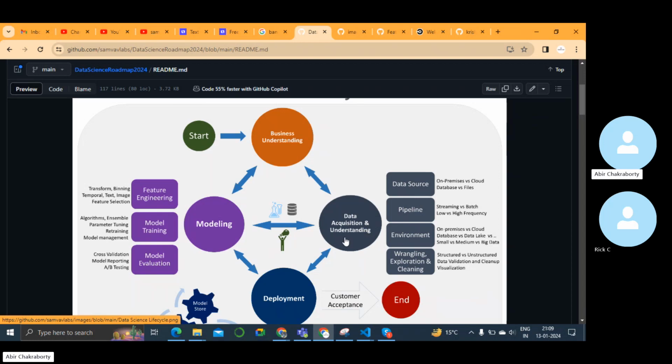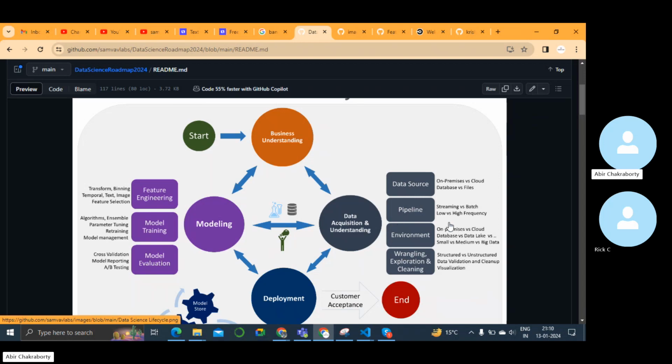Once we receive the initial data set or data source, we start our analysis or pre-processing. First we do data pre-processing, and then we go to further processes like data exploration, what we call EDA, exploratory data analysis.